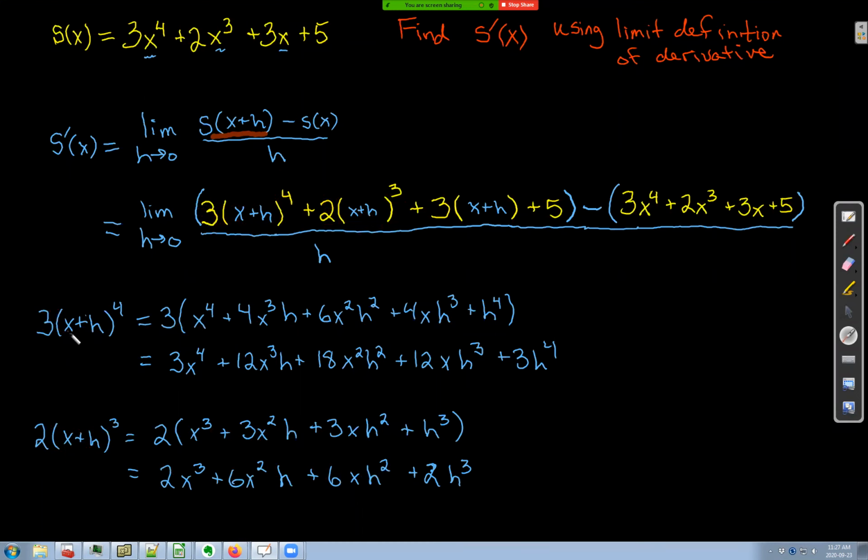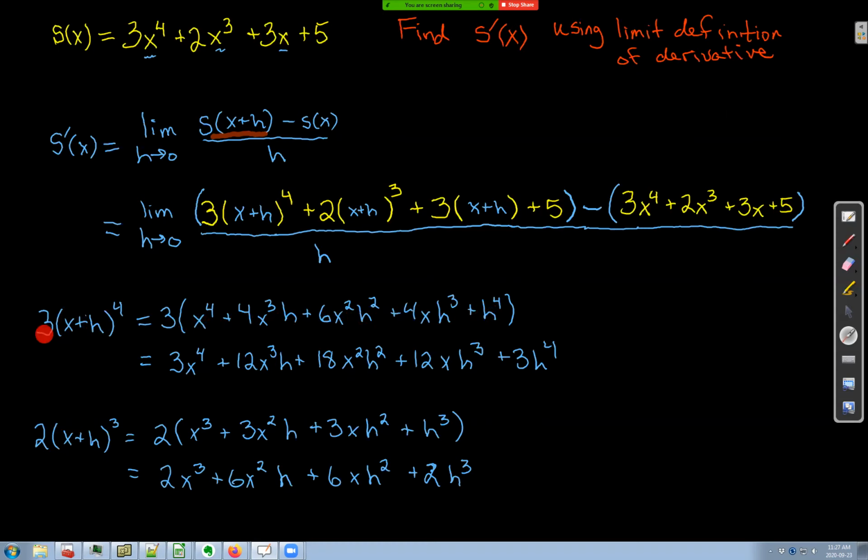So 3 times x plus h to the fourth is, well, that's 3 times all of this stuff. So remember at the beginning of the video when we talked about the binomial theorem, we expanded x plus h to the fourth, and we said that x plus h to the fourth expanded to this when you do that super FOIL.